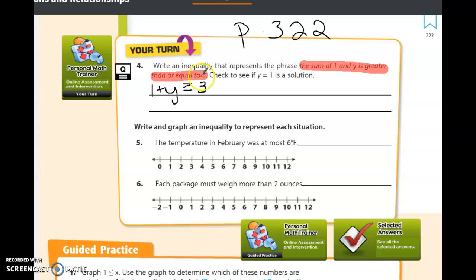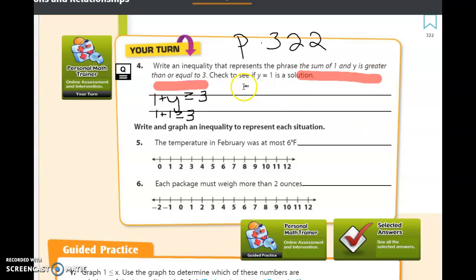The next part says, check to see if y equals 1 is a solution. So if we were to substitute 1 for y, would that be a solution? Is 1 plus 1 greater than or equal to 3? Well, no, it's not, right? That's equal to 2, so we know it's not a solution.